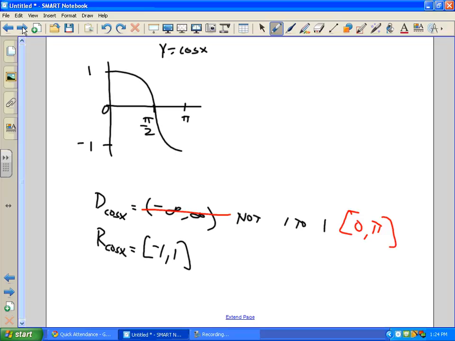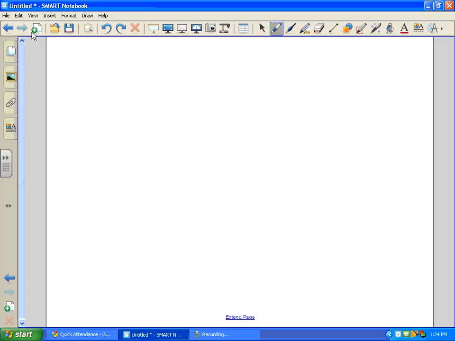So you see how it's decreasing? The inverse will still be decreasing. But you see how from 0 to pi over 2 it's concave down? So that first part will be concave up. So let's graph the inverse of the cosine. We want to graph y equals the inverse of the cosine.